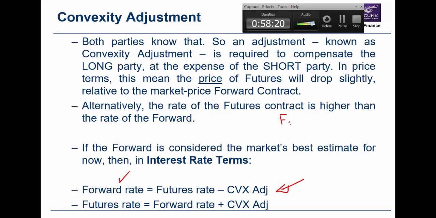If the forward price was 97.55 and we are trading the futures and you want me to go long, I want to pay less. So let's say 97.45. But if you translate it into rate terms, the rate of this is 2.45 for the forward, whereas this one is 2.55.